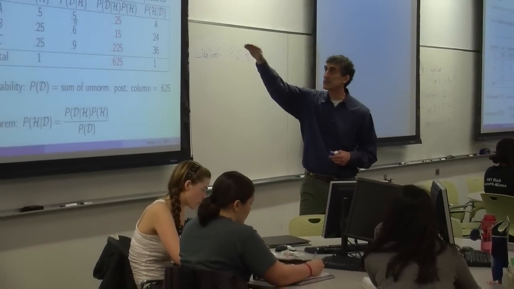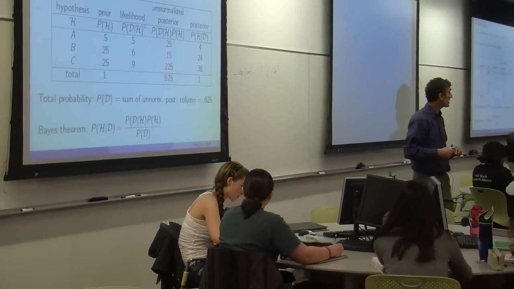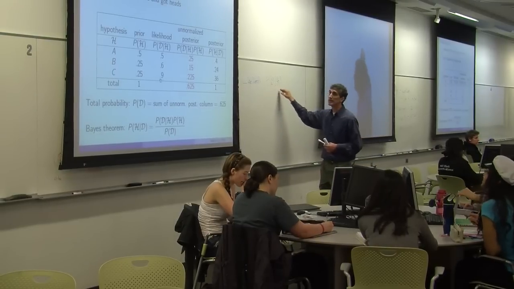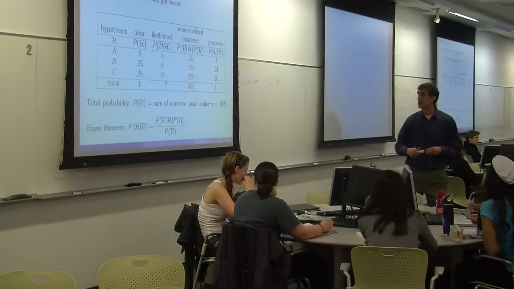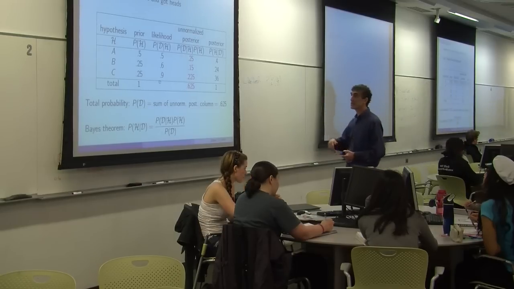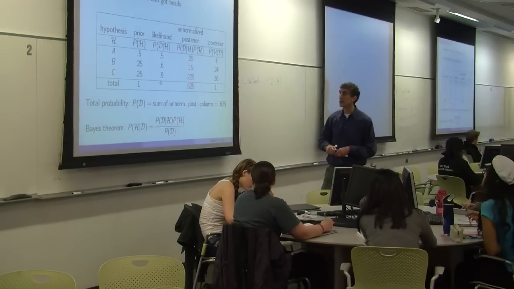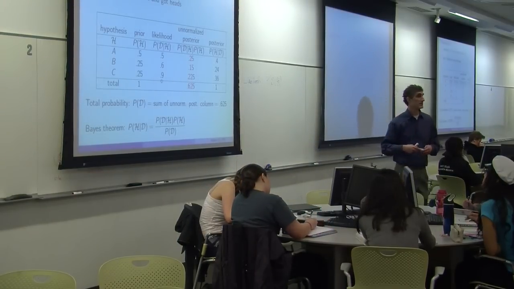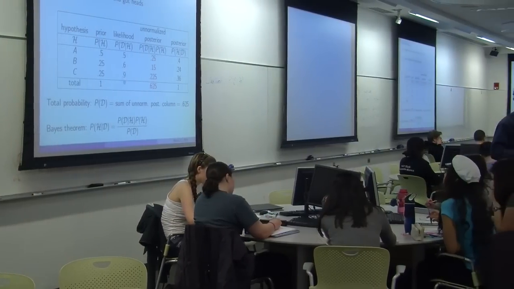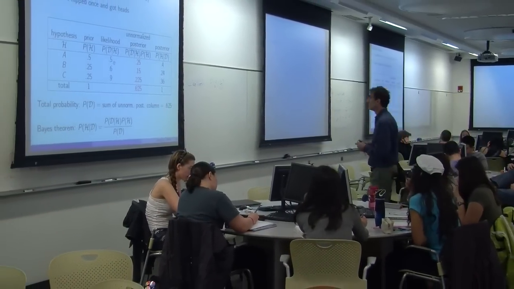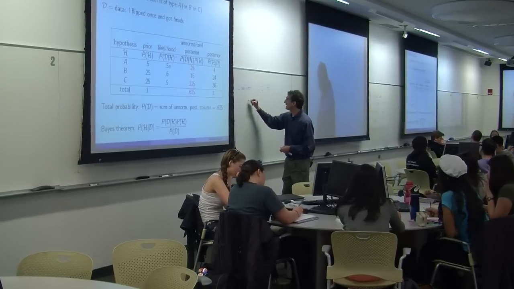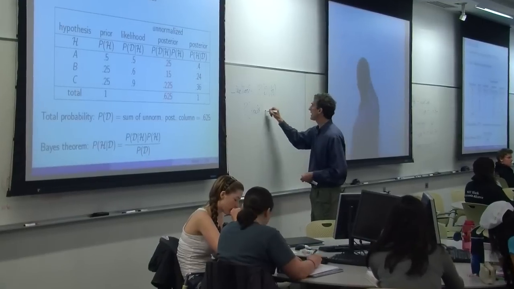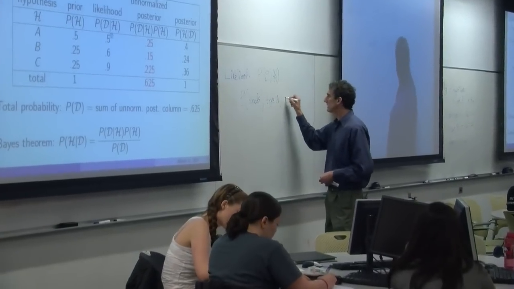So the likelihood column, we use this term when we were talking about maximum likelihood, is the probability of the data given the hypothesis. And this is typically, or often, easy to figure out. What's the probability of seeing heads? Our data was I flipped a heads. If my coin is a 0.5 probability coin, the probability of seeing heads given a type A coin is what?